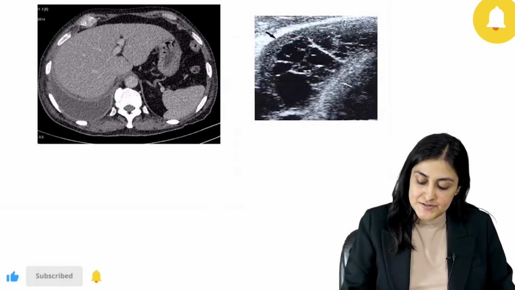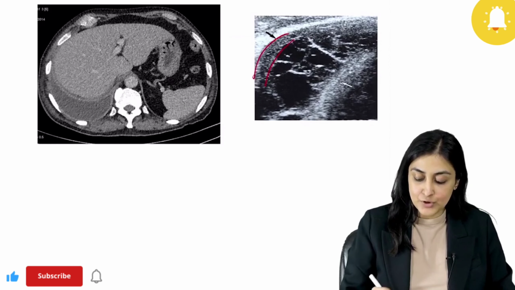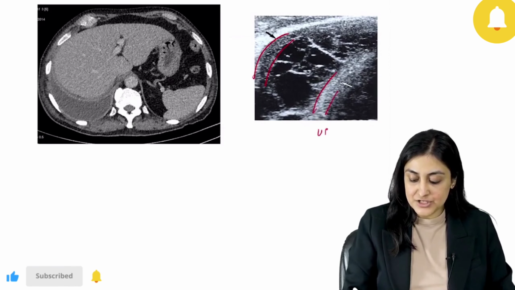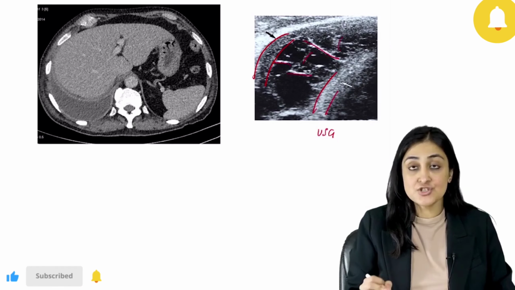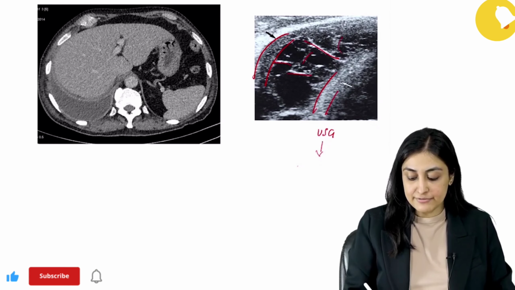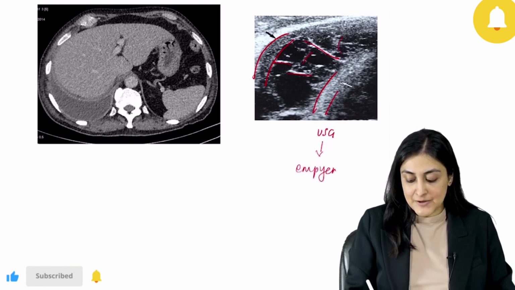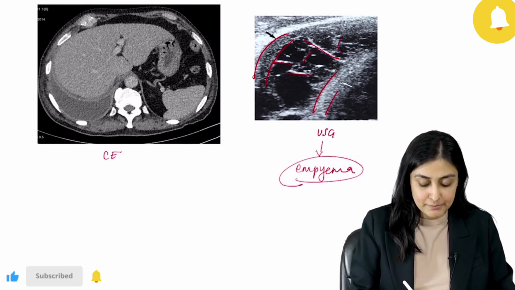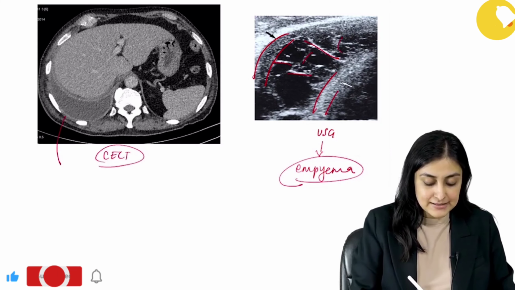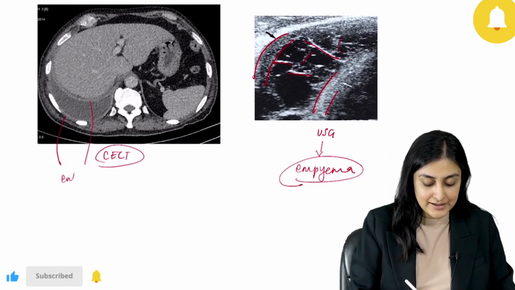If you find that there is associated pleural thickening, alright, so there is this pleural thickening which is appreciable on the ultrasound with various septations, loculations, that is referred to as empyema. So this is how empyema will appear, and on a CECT, remember, we will see that there is pleural thickening and enhancement.